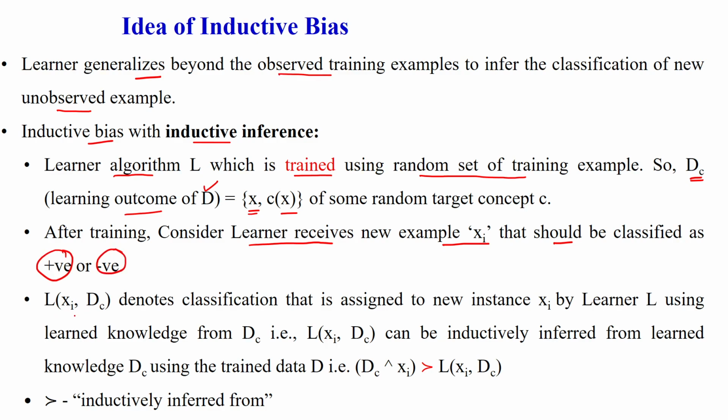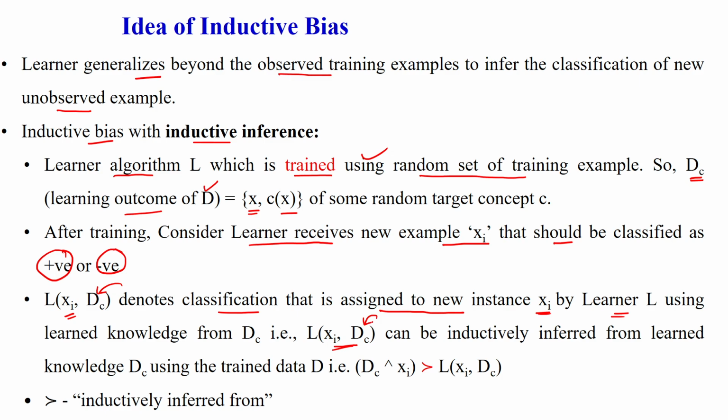Here the classification is represented as the learning system L of the new testing sample xi, with respect to the knowledge gained during the training phase, which is assigned to the new instance xi by the learning system L.